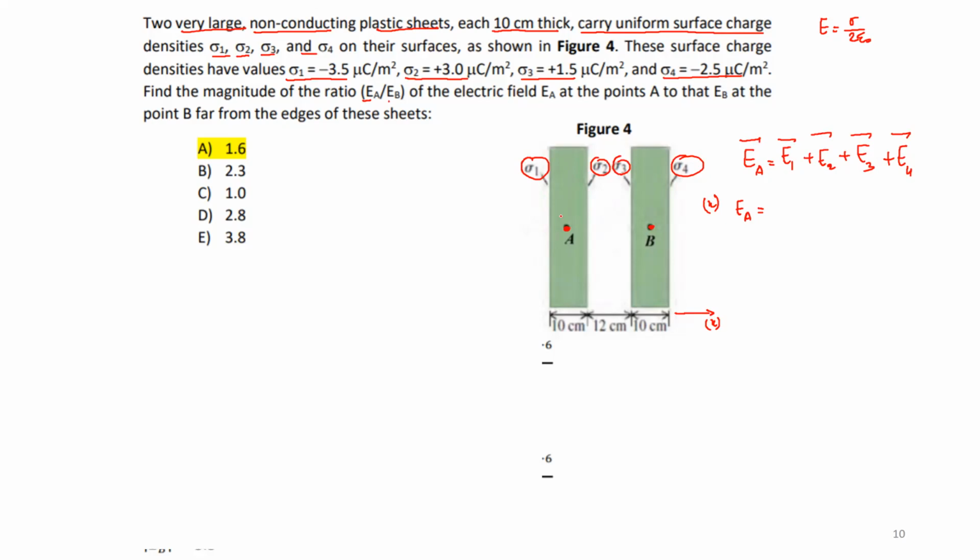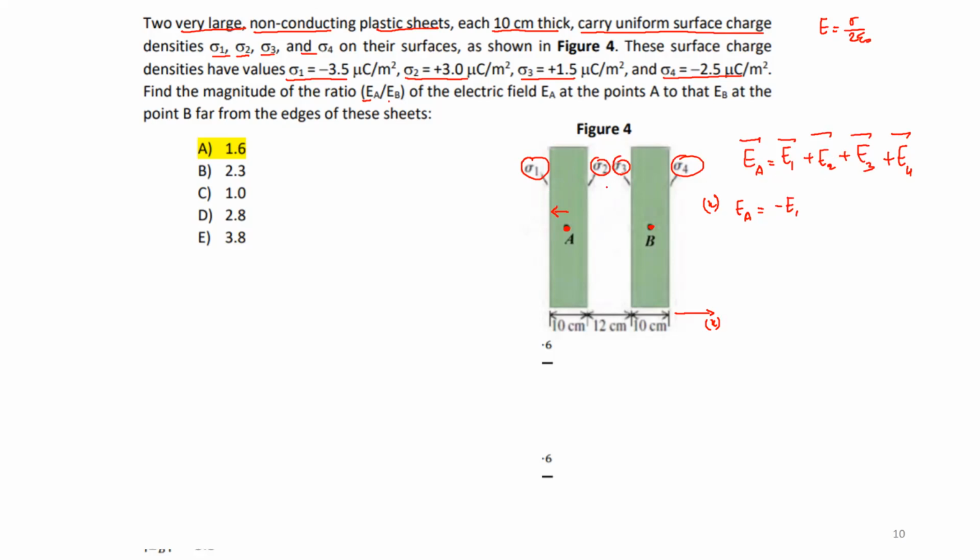E1, of course, here sigma 1 is negative, so E1 will be pointing in the negative direction. Do you agree with me? It will be pointing towards the negative surface, which is sigma 1 here. So it will be minus E1. Do you agree with that?